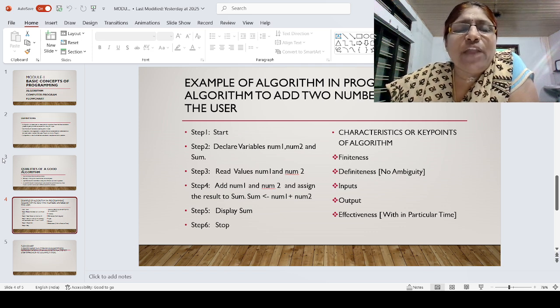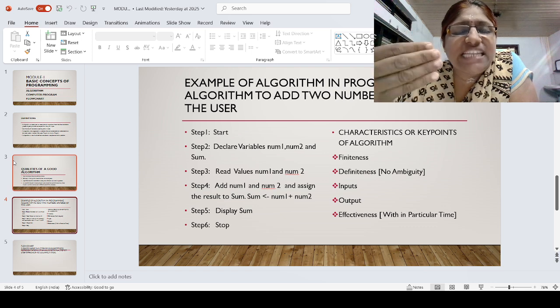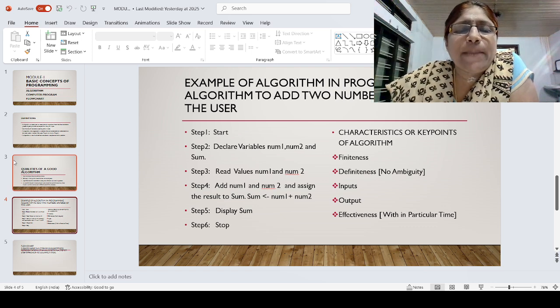Third step, we have to read values number 1 and number 2. Step 4, we have to add number 1 and number 2 and assign the result to sum. Sum assigns number 1 plus number 2.